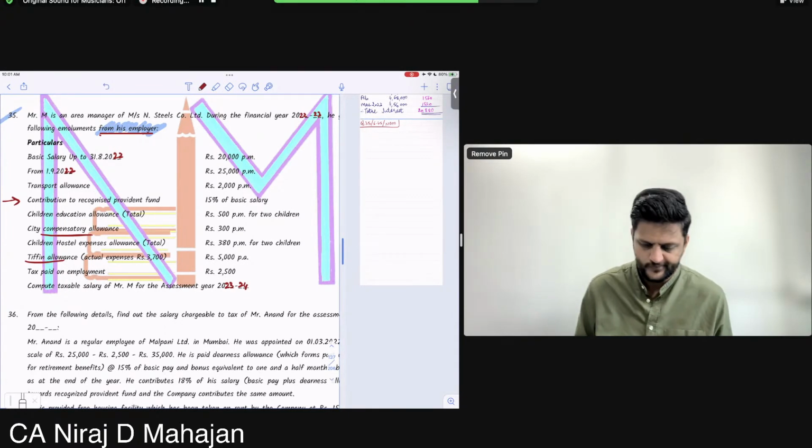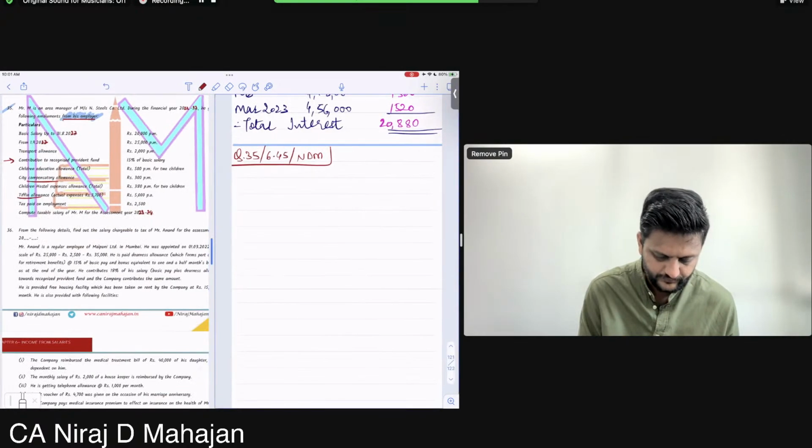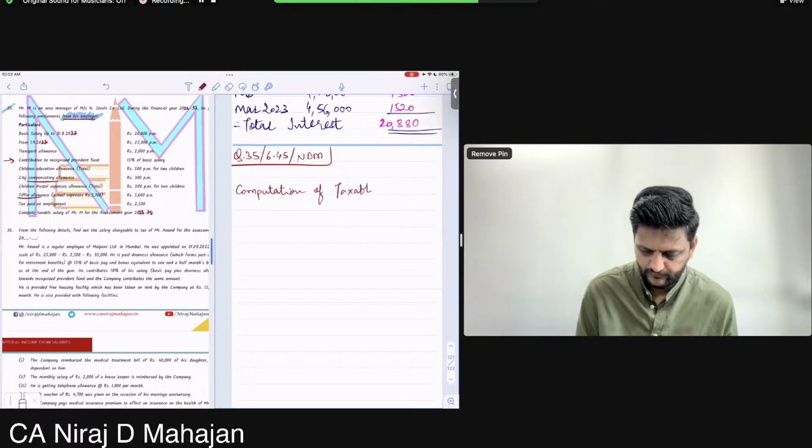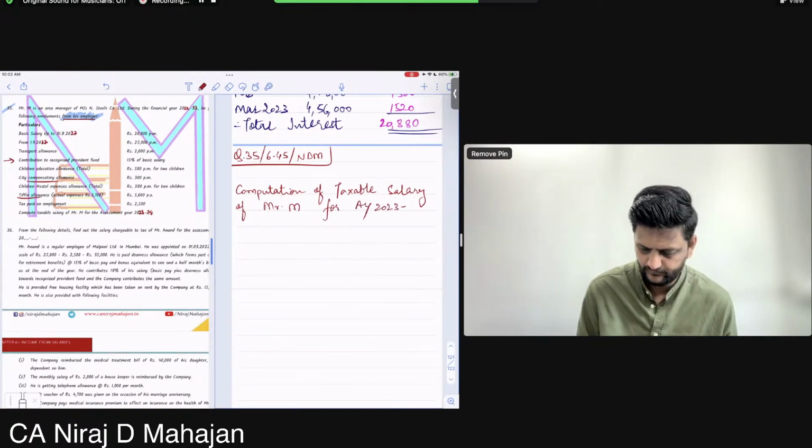Computation of taxable salary for 23-24. Particulars, rupees.